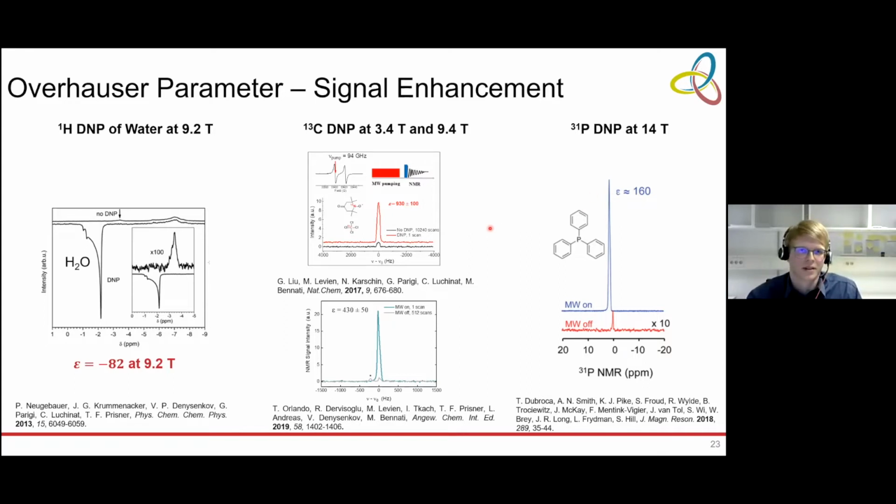So there's quite a few data points already in the literature, and people have been working on different nuclei, and I think it's really an interesting approach to also look at different nuclei and see how they actually work at a high field.